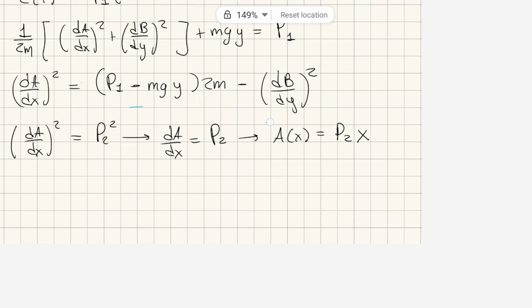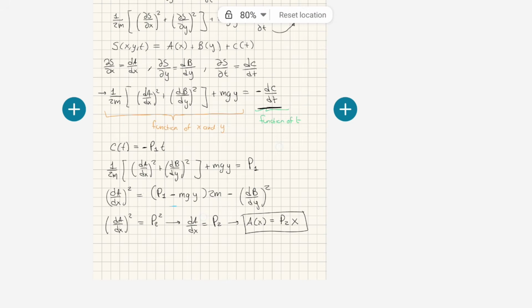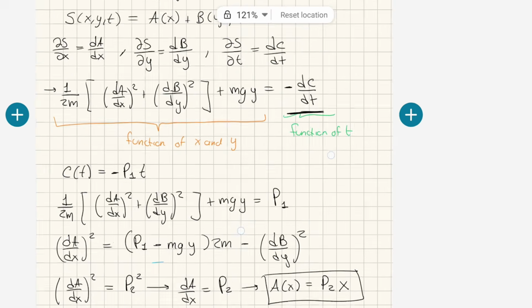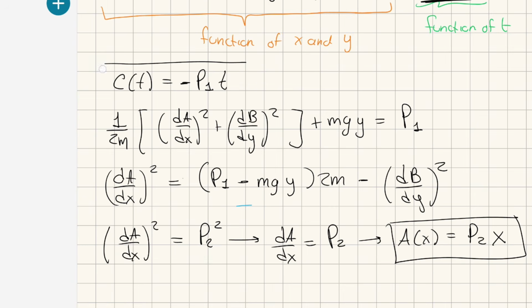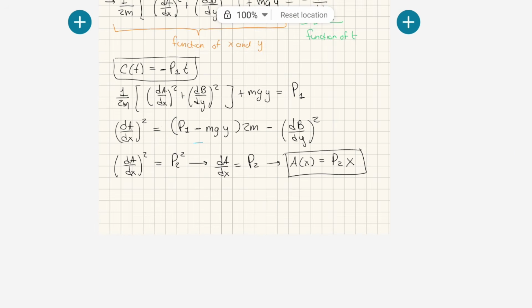Perfect. Let me close this, and also let me close the solution that we found for the c. Okay, perfect.